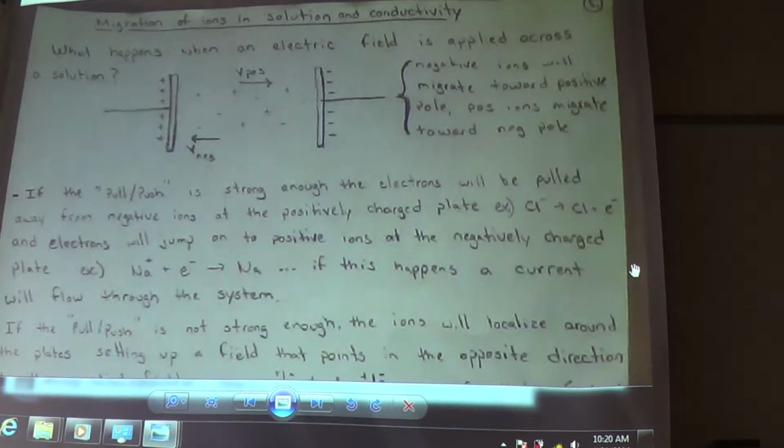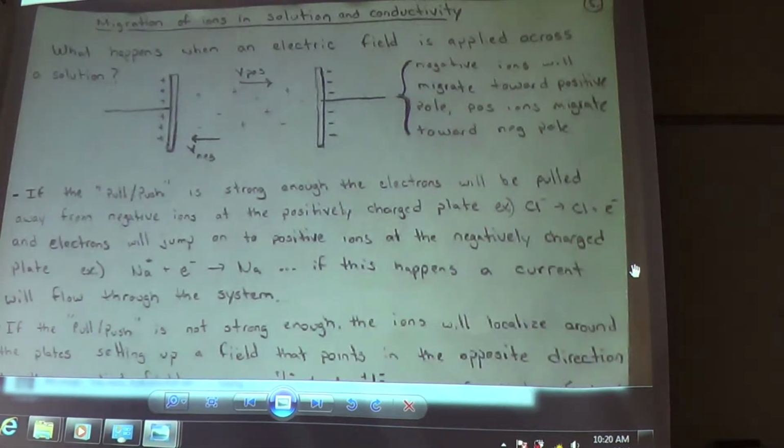The solution that feels that is going to move its positively charged ions towards the negative plate of the capacitor, because they're attracted to the electrons, and it's going to allow its negatively charged ions to move towards the positive plate.